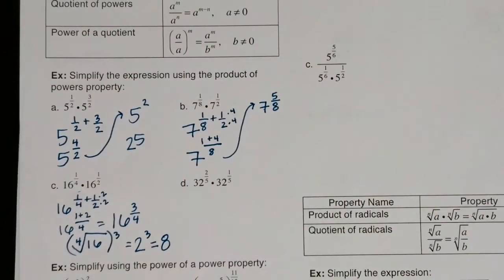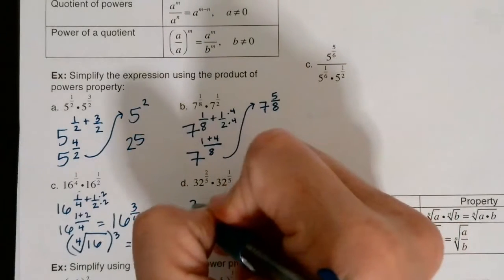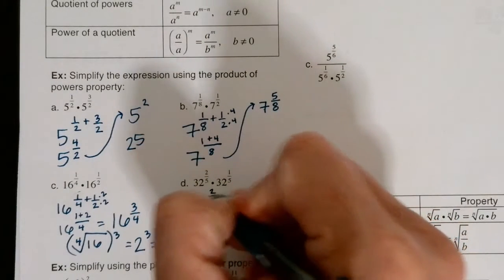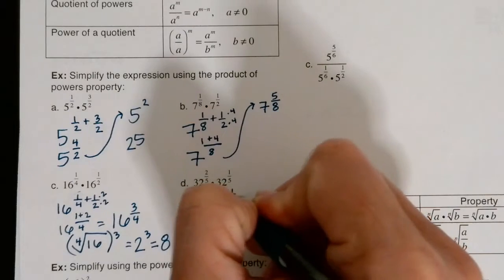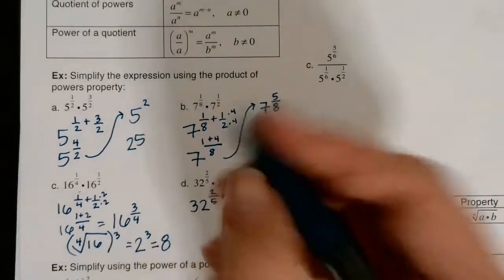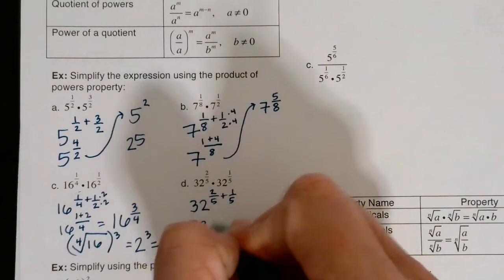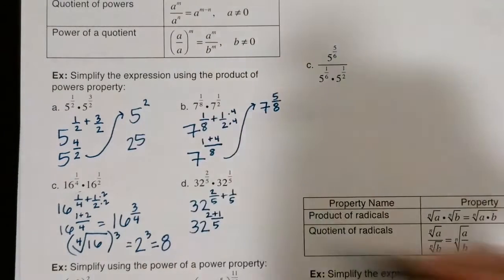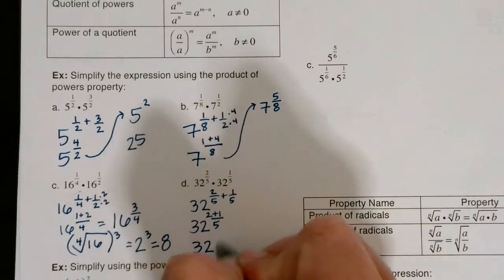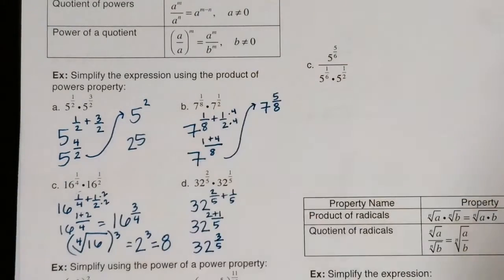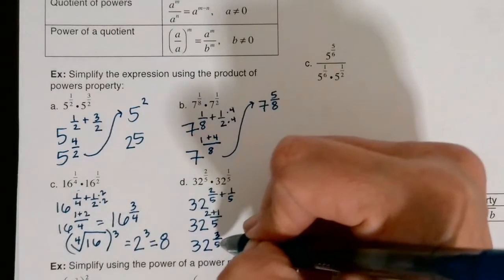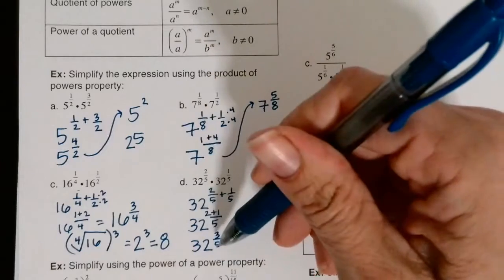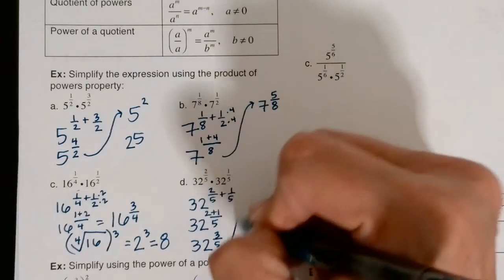Okay? Moving on, same type of problem, 32 to the 2/5 plus 1/5. Oh, so cool, they have common denominators. So this is 32, common denominator, 2 plus 1. You could probably do this one in your head a little bit easier than the last one, but I'm really going to map it out for you. So then you're going to ask yourself, can I get 5 of a kind out of 32?